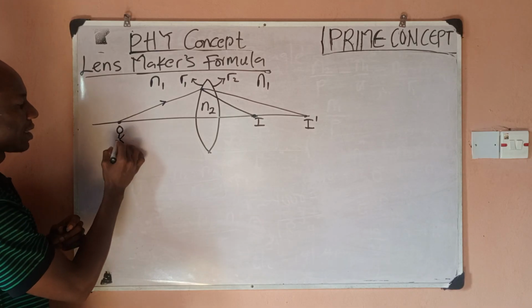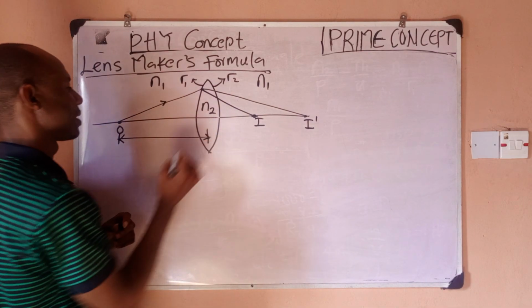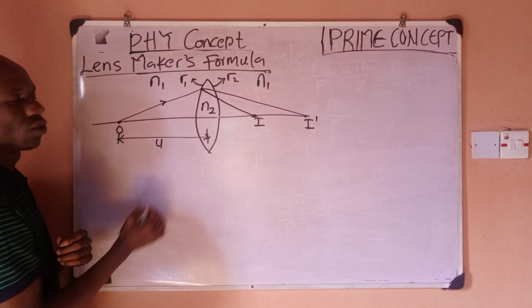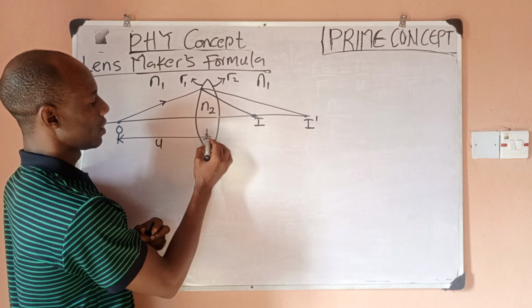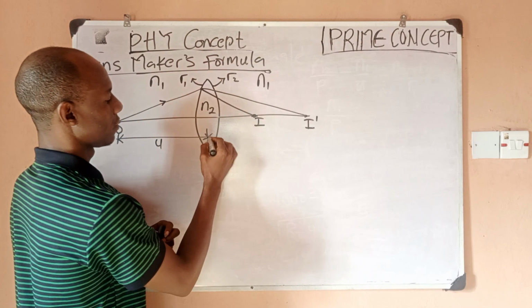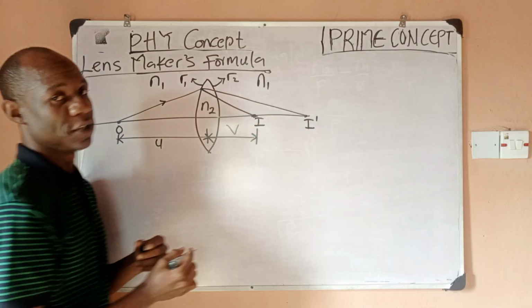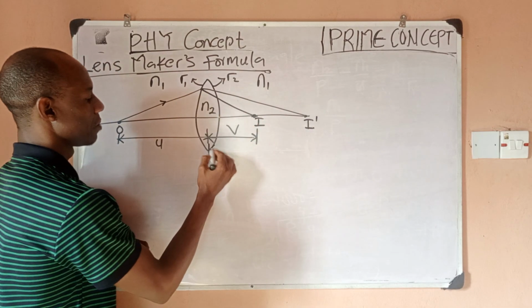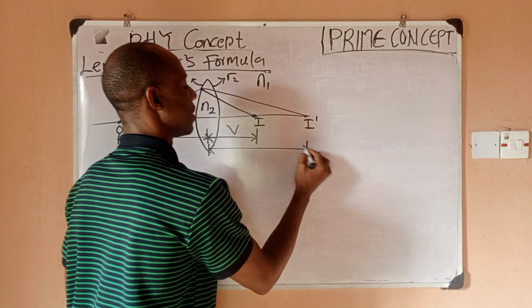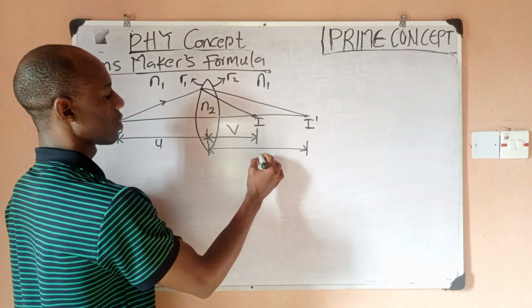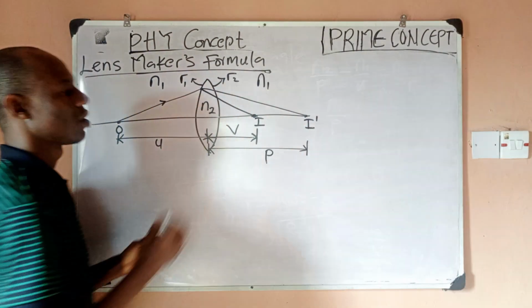The distance from our object to the center of our lens, we call U, the object distance. The distance from the center of the lens to where the actual image is formed, I'm calling V. Then the distance from the center of my lens to where the virtual image is formed, I'm going to call P.